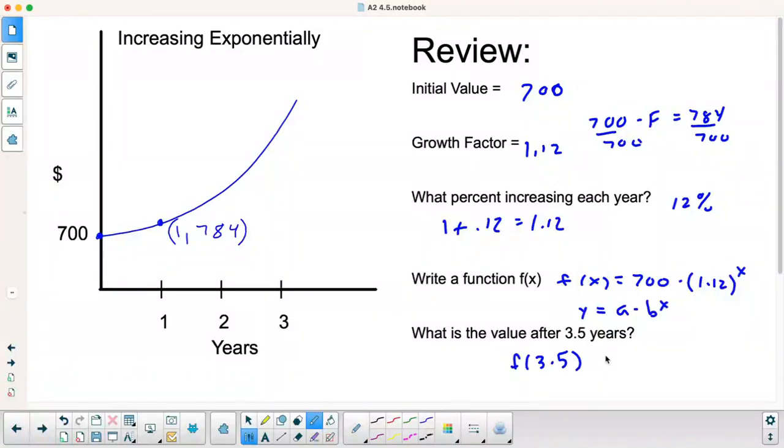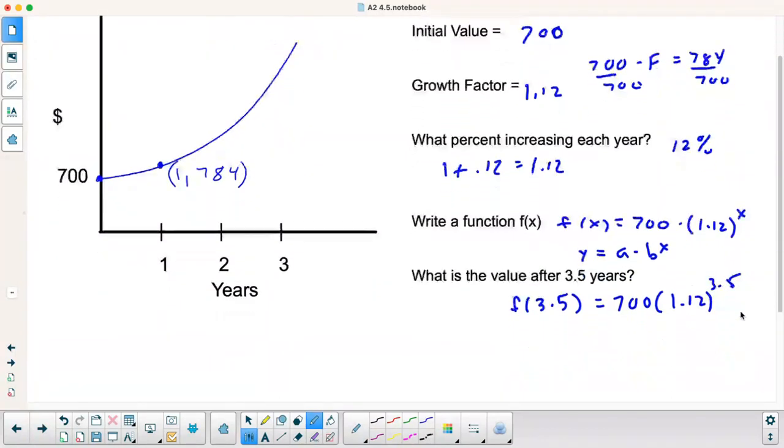Once you find your function, there we go. All right, pretty easy.